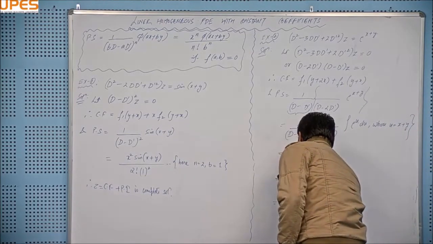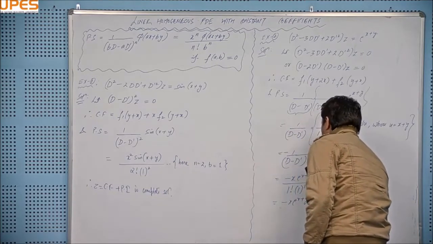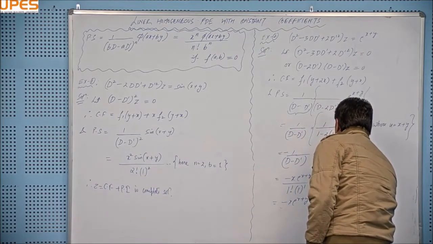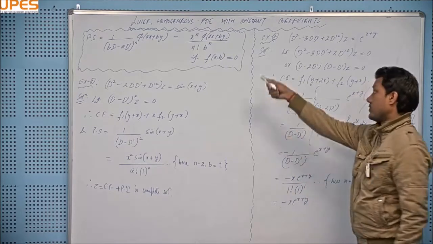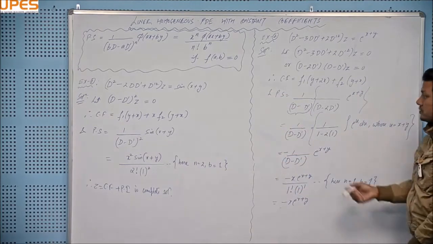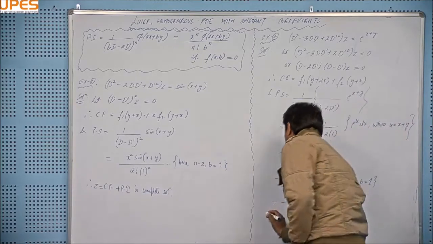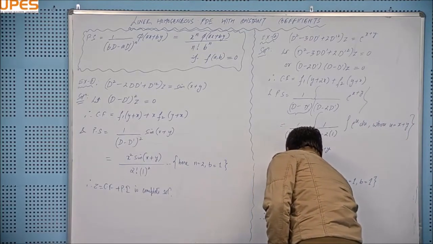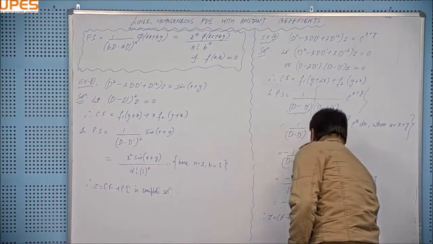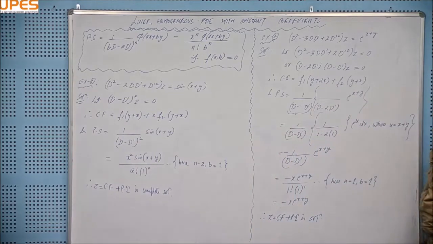Here n is equal to 1 and b is equal to 1 for that formula, right? And the solution will be z equal to CF plus PI. CF plus PI is the solution, right?